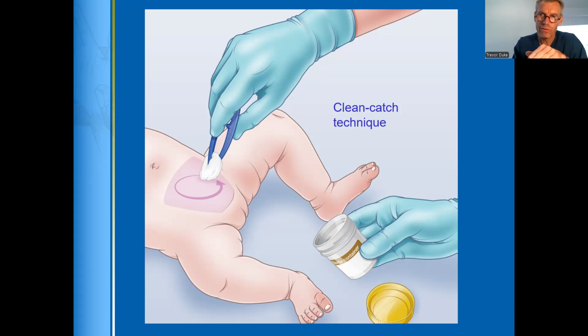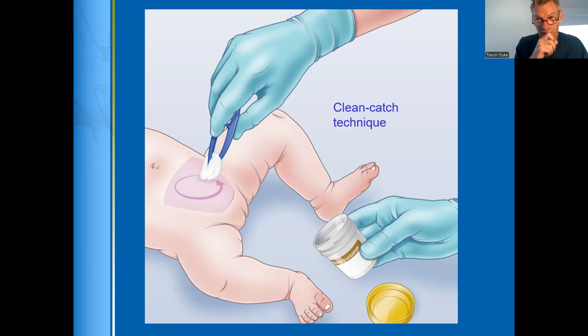You can have a baby lying down, and if you stimulate the suprapubic area, then eventually they'll pass urine. So you clean up the perineum and then stimulate the suprapubic area, either by tapping on it or by just swirling with a piece of sterile gauze.